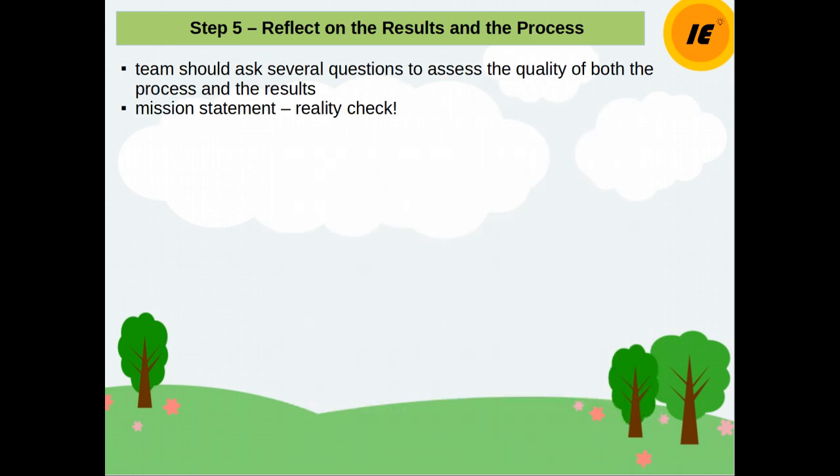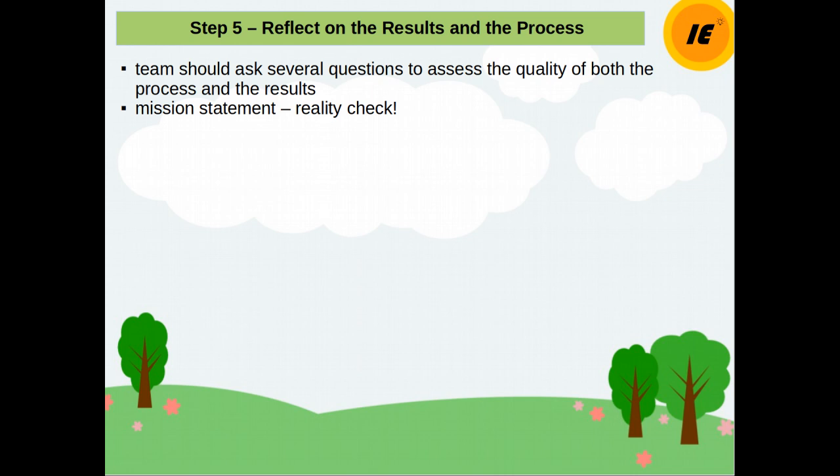Finally, the last step, the fifth step, is about reflecting on the results and the process. The team should ask several questions to assess the quality of both the process and the result.